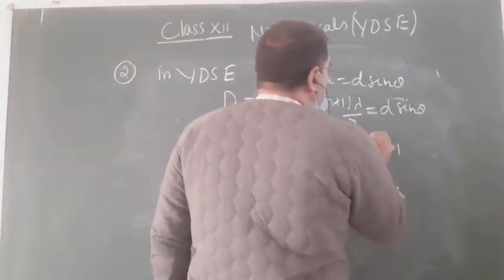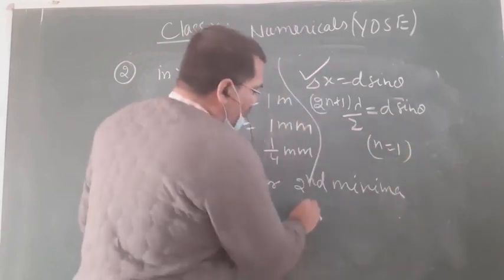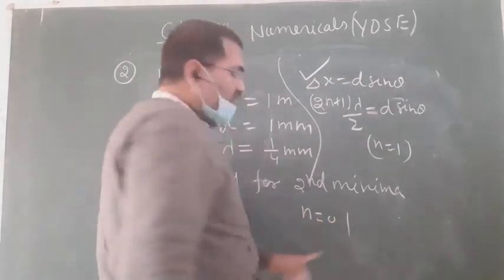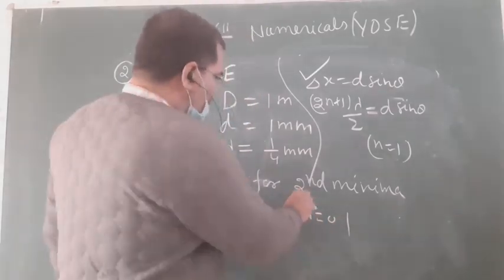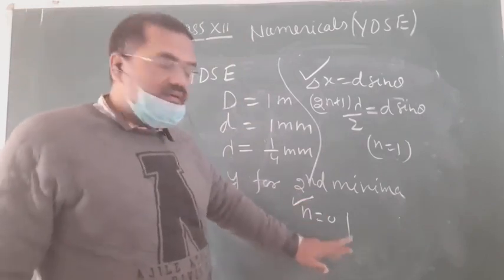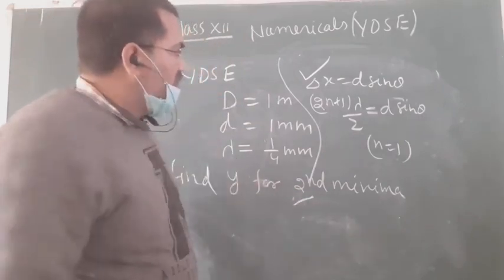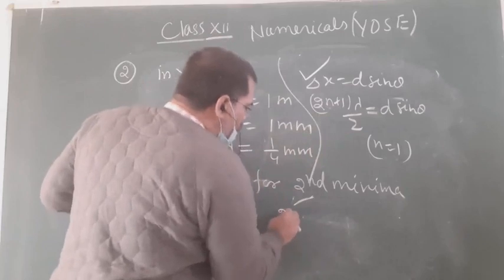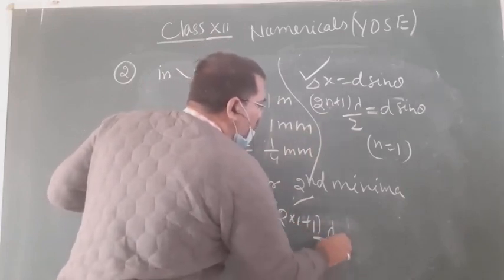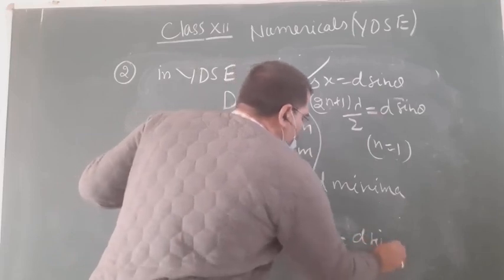N equal to 0, we will get first minima. N equal to 1, we will get second minima. So this is the question. We have to find y for second minima. So we should put n equal to 1 here. So (2 into 1 plus 1) lambda by 2 equal to d sin theta.